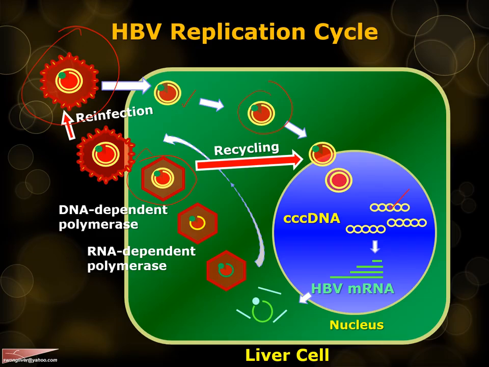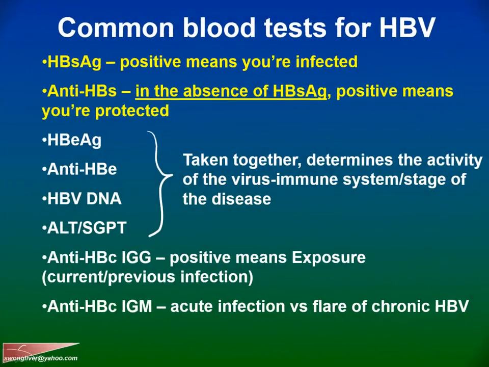The problem with hepatitis B is that these viruses can again reinfect other cells, but it can also be recycled back into your DNA, into your nucleus, to form more cccDNA. So the cccDNA again is the one that is responsible for the hepatitis B being very hard to eradicate from your system.